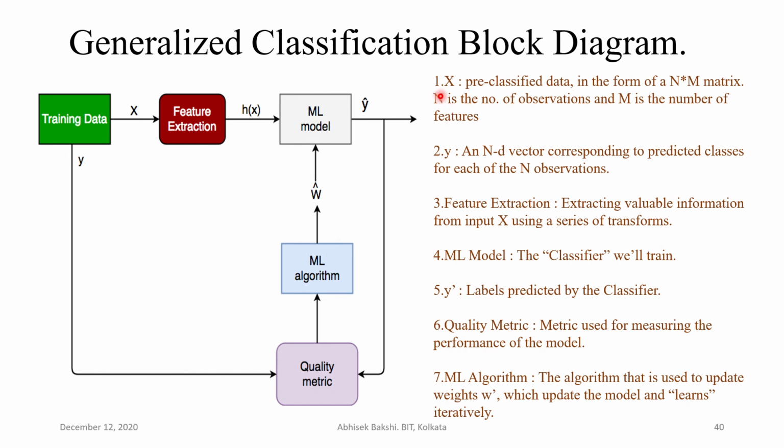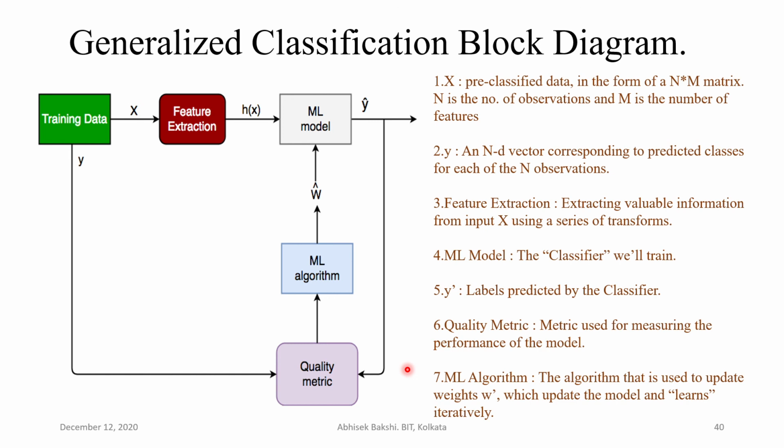So we have these 7 points you have to remember. The first one, X, is the pre-classified data in the form of some n cross m matrix, and we have already seen how the data is stored, where n is the number of observations and m is the number of features. Then y is an n-dimensional vector corresponding to the predicted classes for each of the n observations.